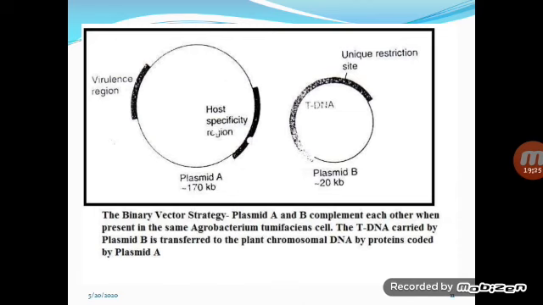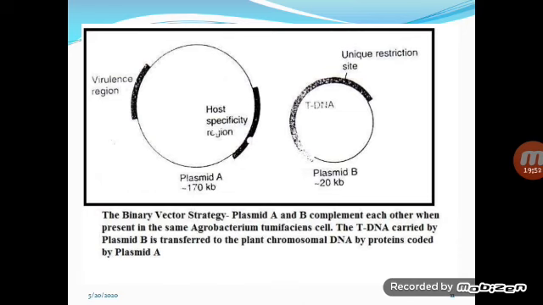As for their sizes, plasmid A is approximately 170 kb, while plasmid B is approximately 20 kb. The T-DNA carried by plasmid B is transferred to the plant chromosomal DNA by proteins coded by plasmid A.